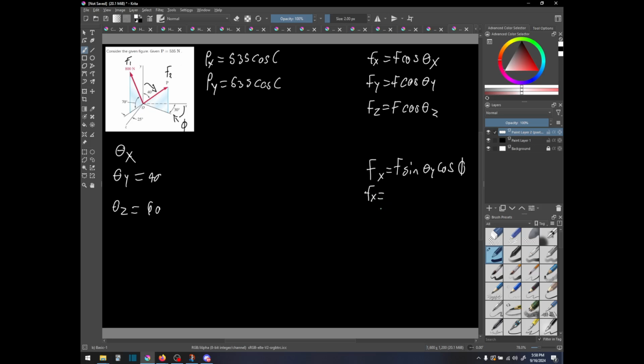F of x is actually 535 sine of 40 cosine of 60.